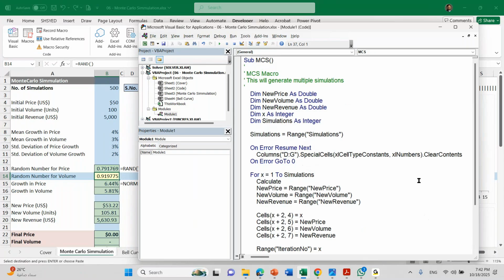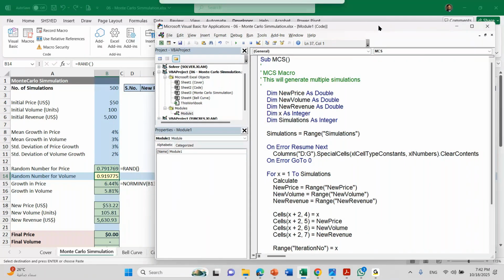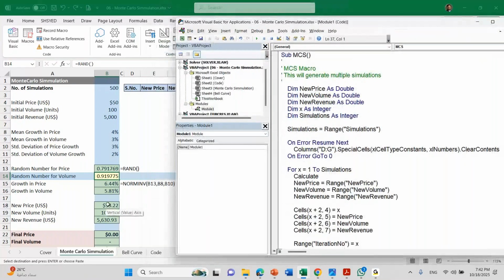And what we are doing in this code, first of all, we are declaring some values. We are saying: declare in memory, new price as double. New price is this cell here, cell number B18. New volume as double.